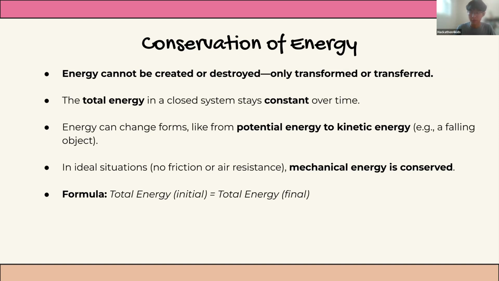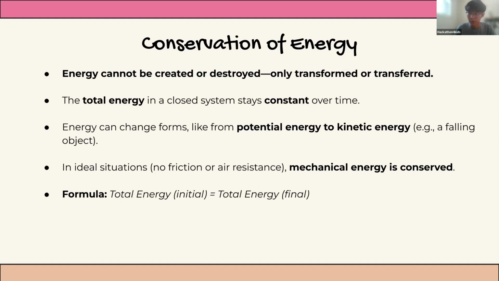So if gravitational potential energy decreases, kinetic energy will increase by that same amount to keep the total energy balanced. We call them combined basically mechanical energy.